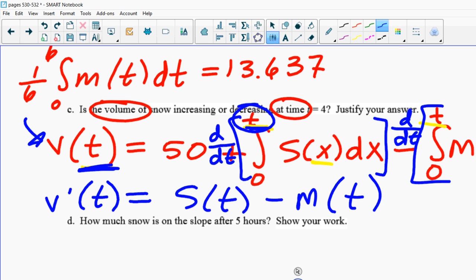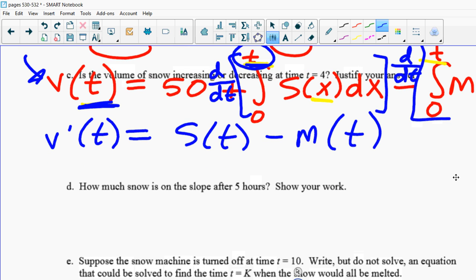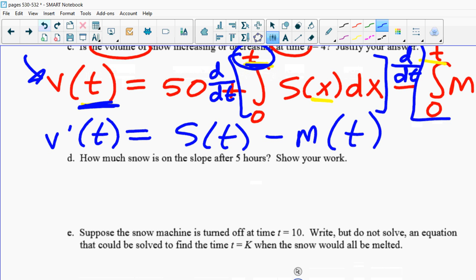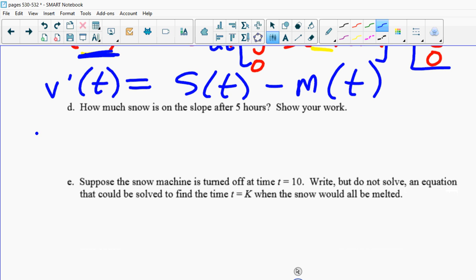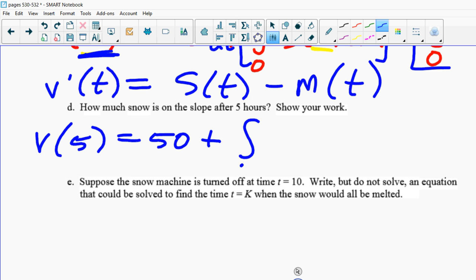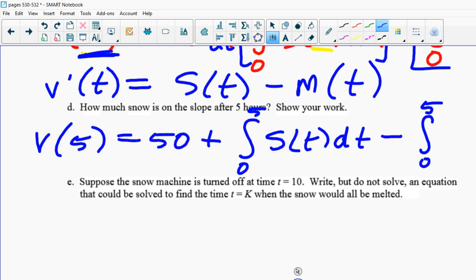So let's just do this. The volume at 5 is going to be the 50 plus the integral from 0 to 5 of s of t dt minus the integral from 0 to 5 of m of t dt.